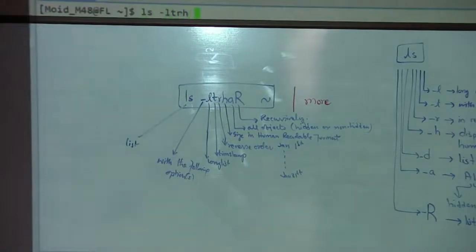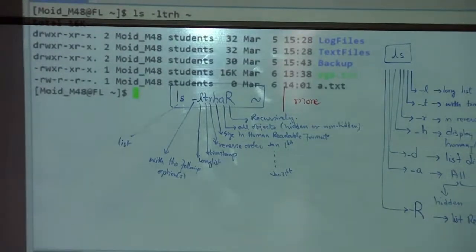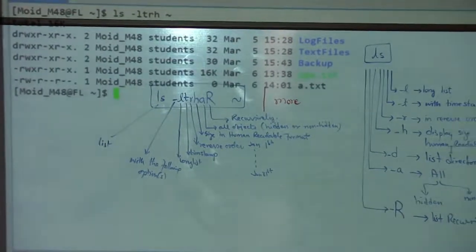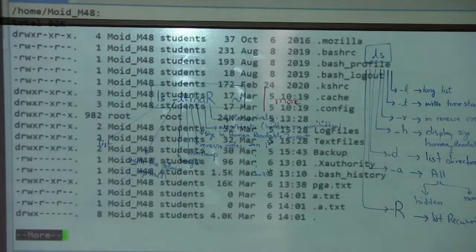ls -ltrh my home, and if I hit enter, it is giving me all this because I have not used the capital -R. So I'm going to add the capital R along with the A here. Now it is going so fast. So I'll say, wait a minute, I don't want it to go so fast. I want you to pause. Now I'm seeing everything. Once I'm done with this, I will just use the space bar.